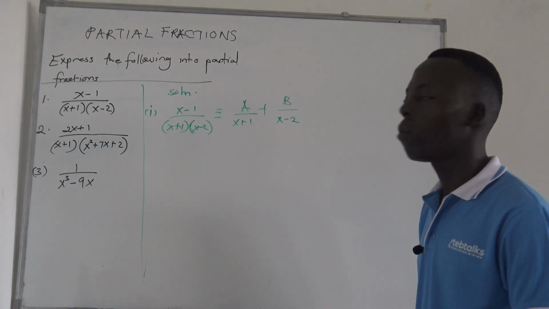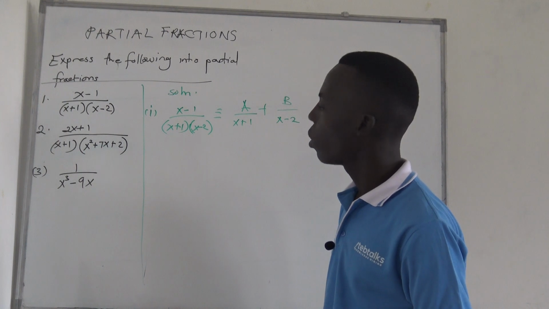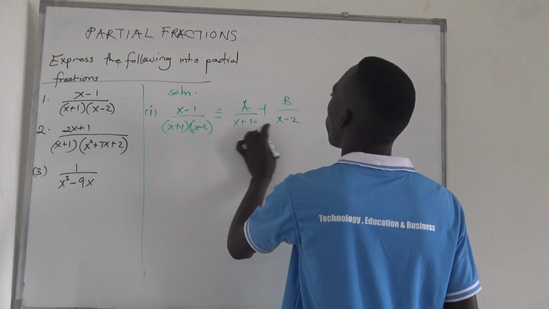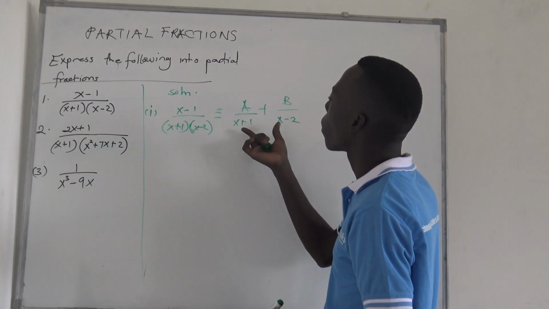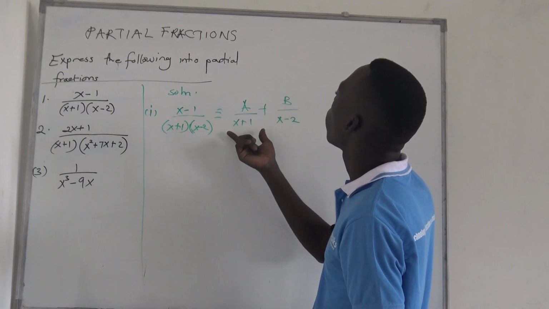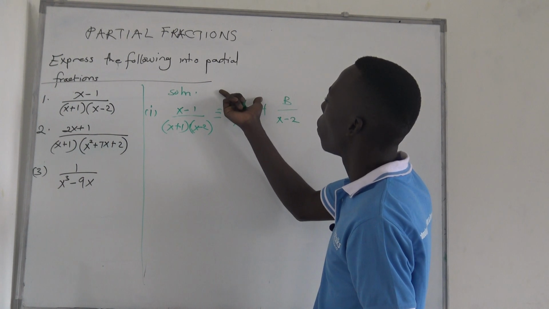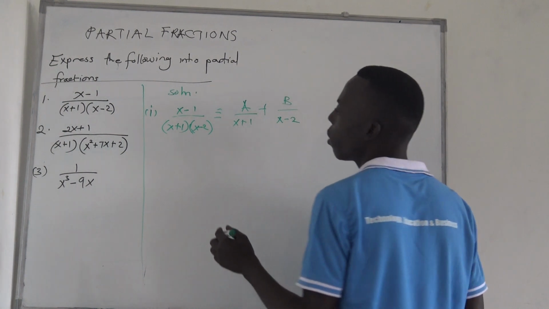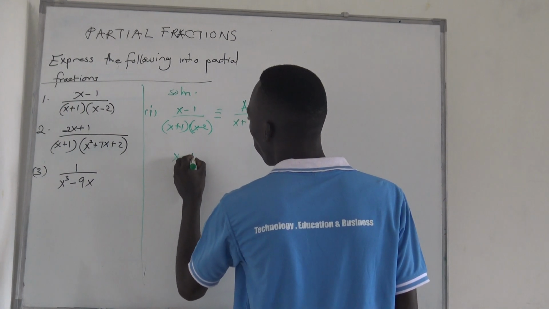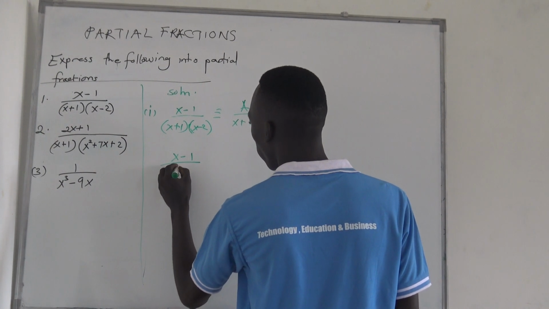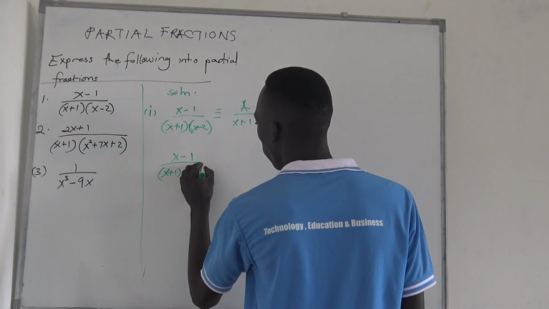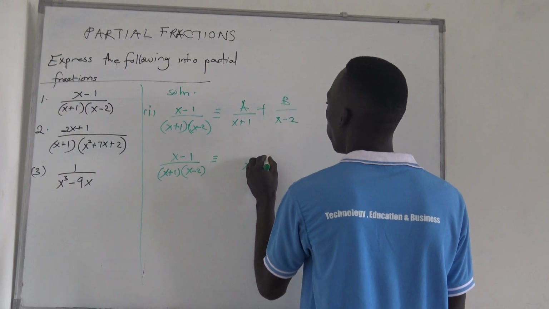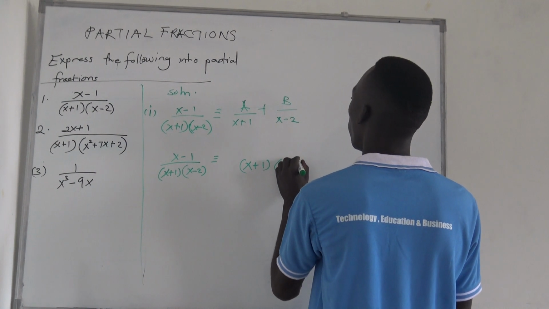After doing this, the whole of this is equated to this, but first we get the LCM and multiply it with this. The LCM is x plus 1 times x minus 2.